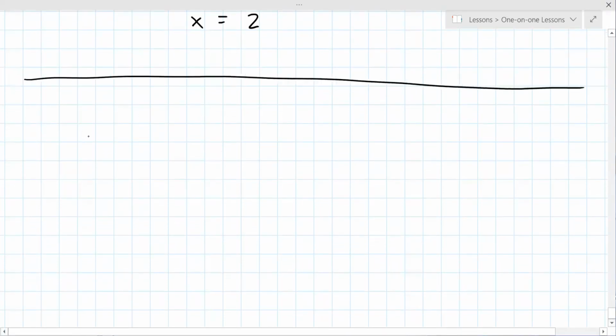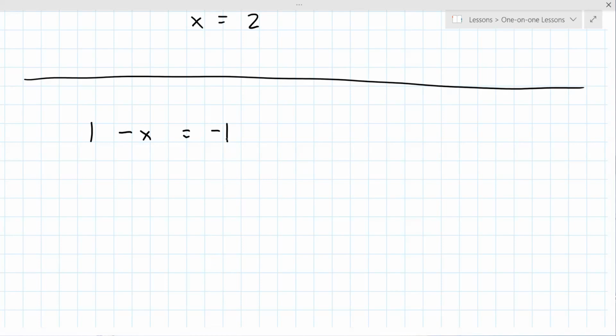Let's try a few more here. 1 minus x equals -1. I'm confused.